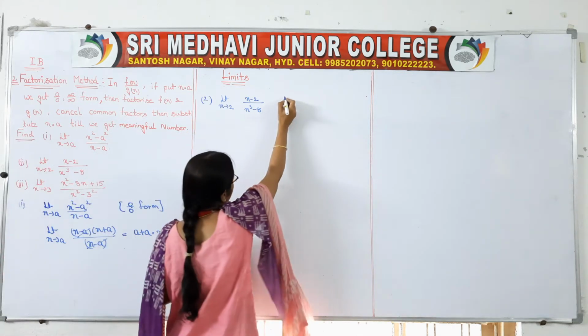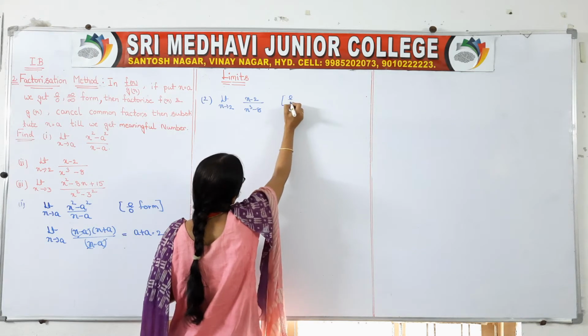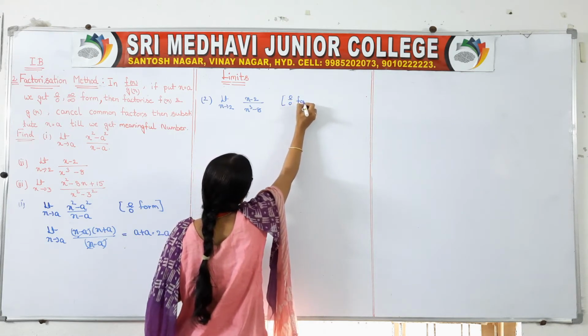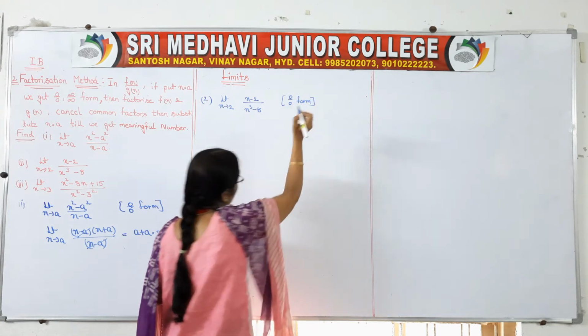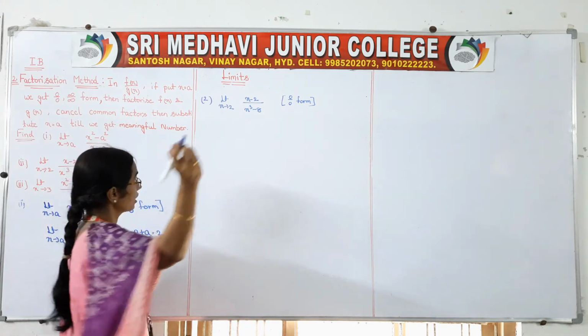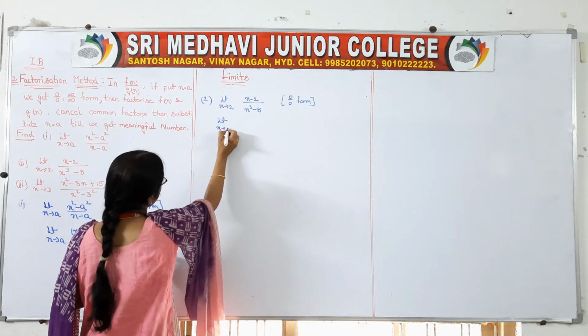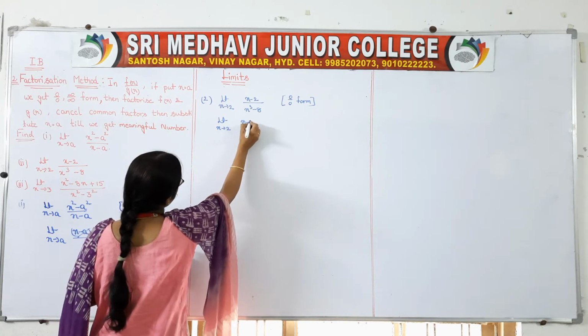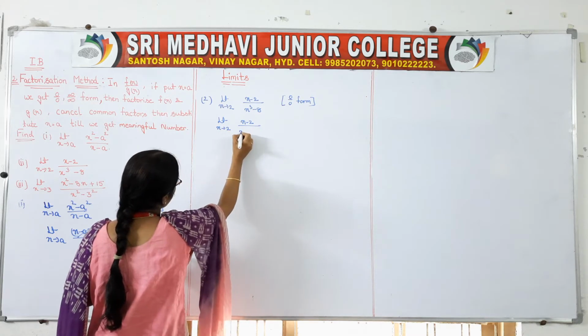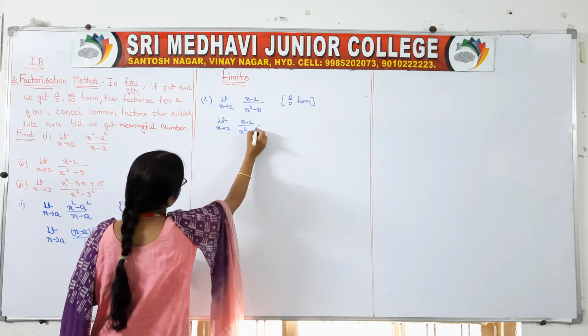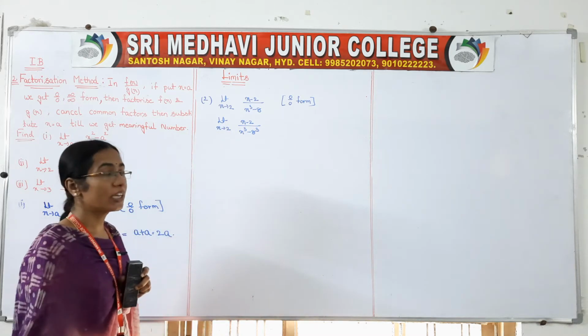So which form is it? 0 by 0 form. So whenever it is 0 by 0 form, we have to go for factorization, right? So let us factor. Limit x tends to 2, (x minus 2) by (x cube minus 2 cube).